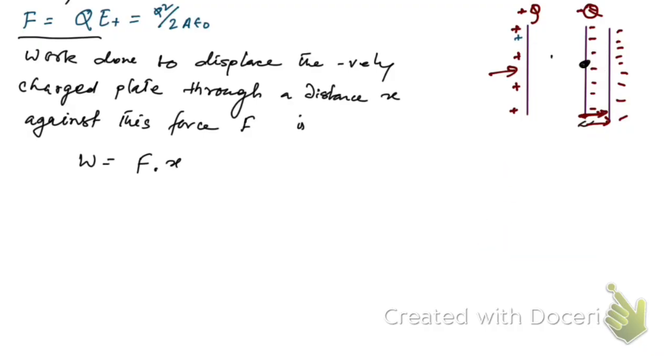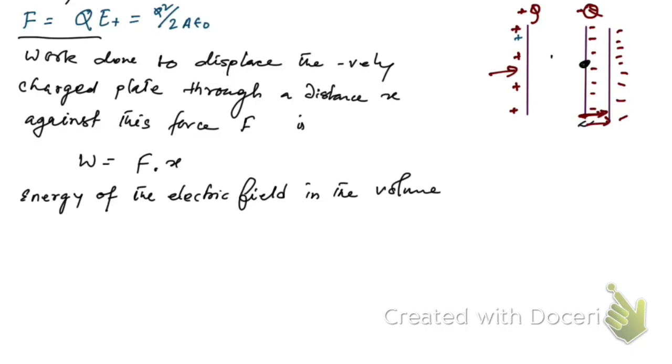So now the energy of the electric field in the volume x into A is, let me write here capital U, or let me write here E, to represent energy.